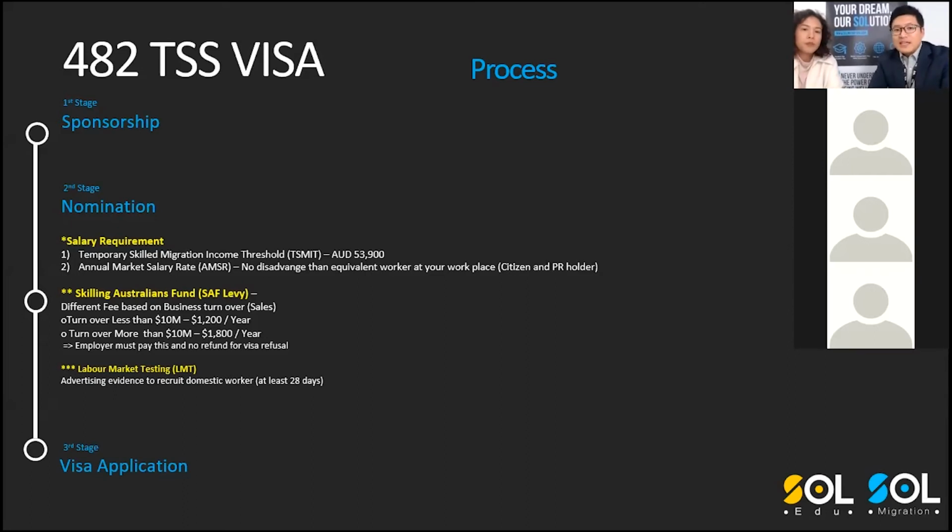The first thing is the salary requirement. To be granted for your nomination application, you must consider 2 different factors and meet 2 different requirements. The first requirement is that your salary must meet the TSMIT, the temporary skilled migration income threshold.